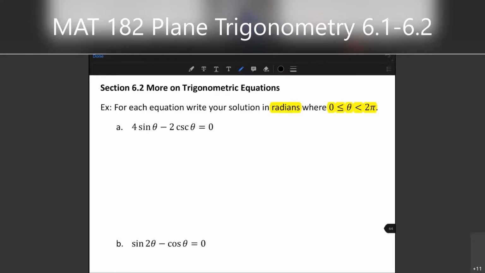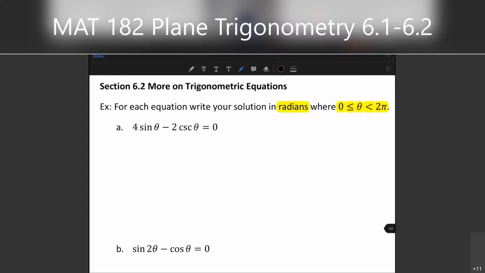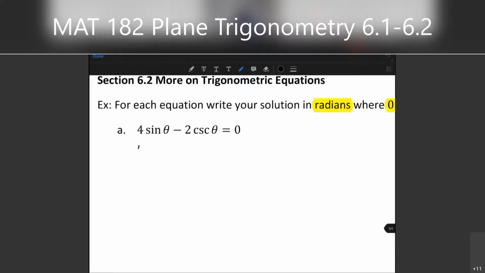Yeah, that's 1 over sine. Excellent. So we could think about starting with 4 times the sine of theta, and then minus 2 divided by the sine of theta equals 0. If we take the reciprocal, it's really 1 over sine of theta. We could make that 2 over the sine of theta, since we do have a 2 as a coefficient there.